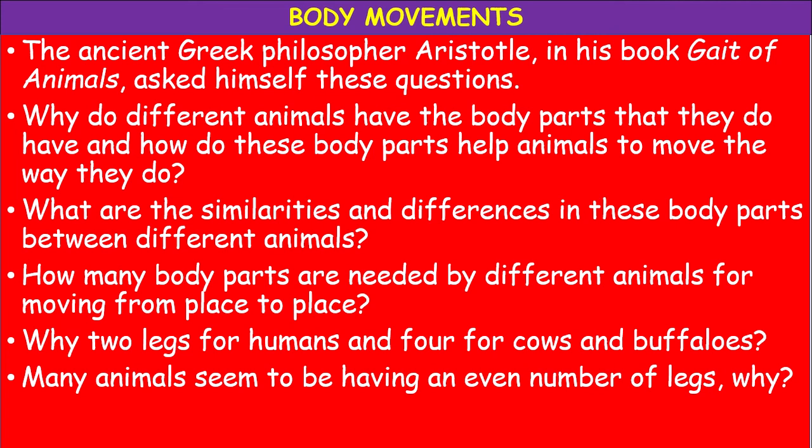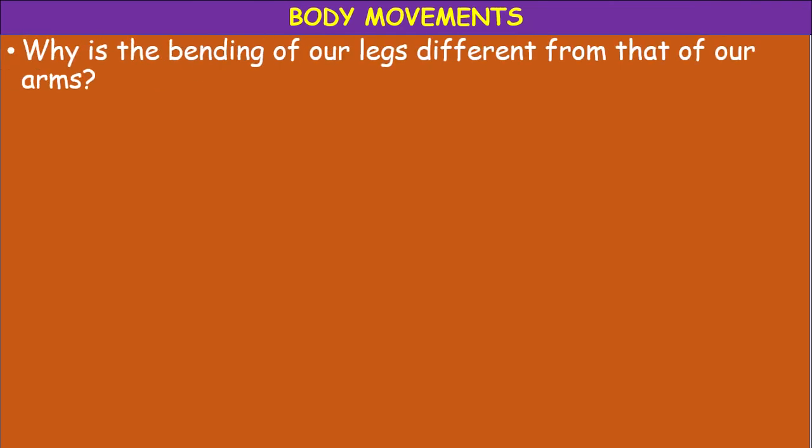Our 4 limbs, we call them hands, but we can walk on them too, that is the speciality of human beings and apes. Many animals seem to have an even number of legs for balancing. That is called homeostasis, you will study in higher classes.